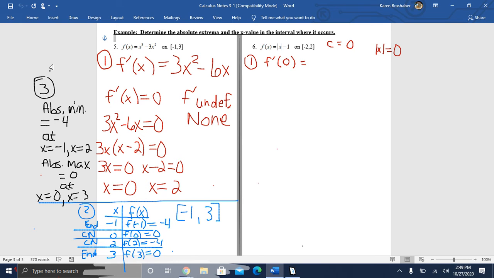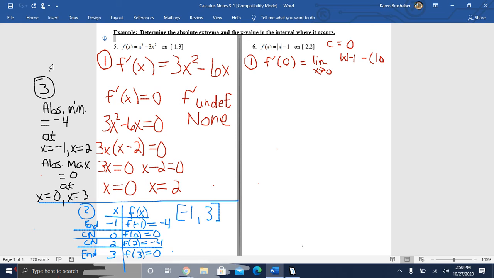And in doing this, remember that would be the limit as x approaches 0 of f of x, which is the absolute value of x minus 1, minus f of c. So that means we're going to be plugging in 0.